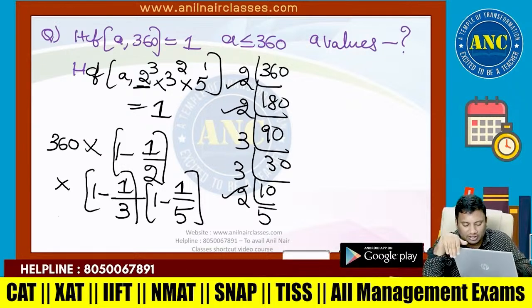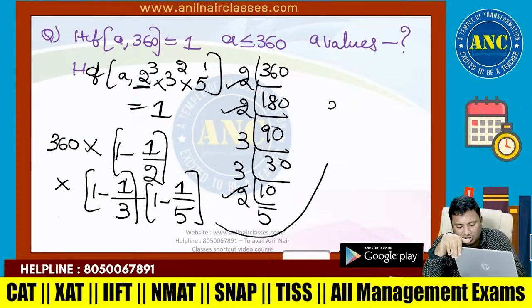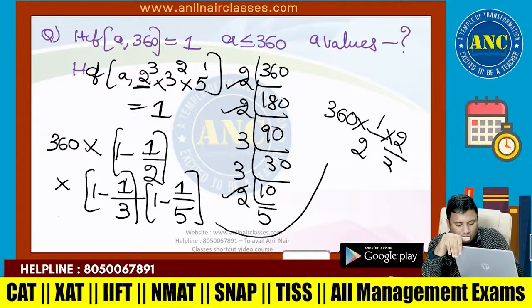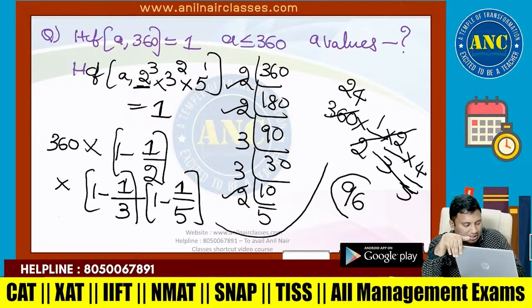So the answer for this question is 360 into 1 by 2 into 2 by 3 into 4 by 5. 2 2s cancel. 15 24s are 360, 24 4s are 96.